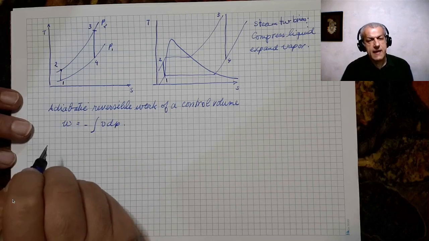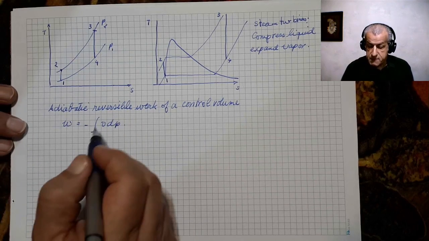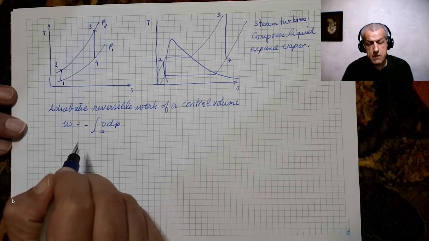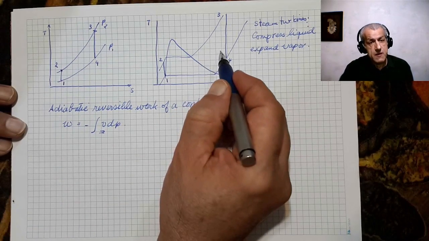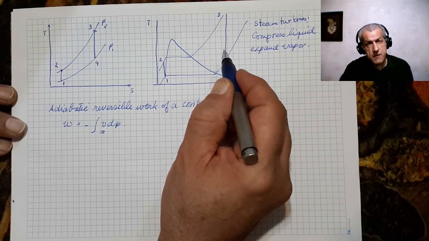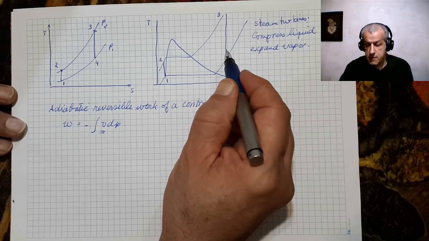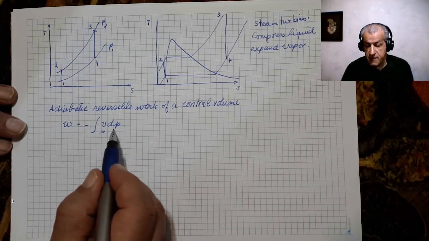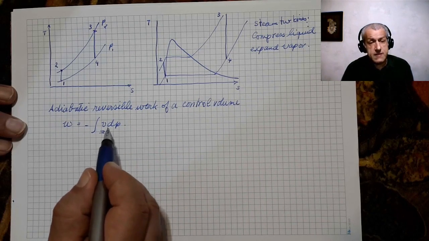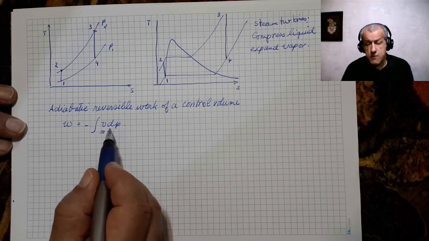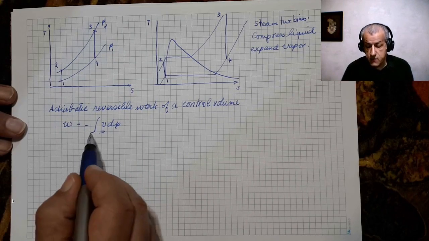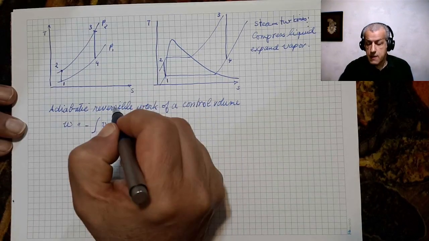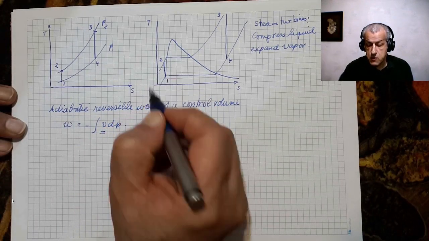Now, what's the advantage? The specific volume of the liquid is far smaller than the specific volume of the vapor. And the outcome is that the work that is gained from expanding between the same pressure lines would be far larger than the work required in compressing between these two lines.